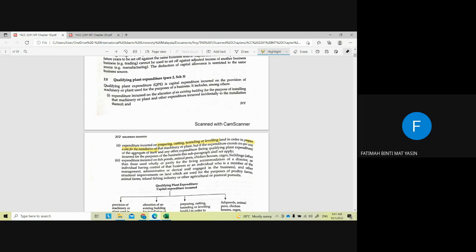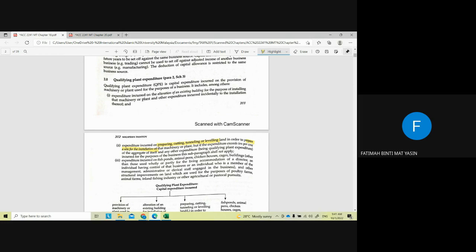Generally, if the company incurred expenses to prepare the site for the installation, the company can consider that as part of QPE as long as the cost incurred here does not exceed 10% of the aggregate of that asset.